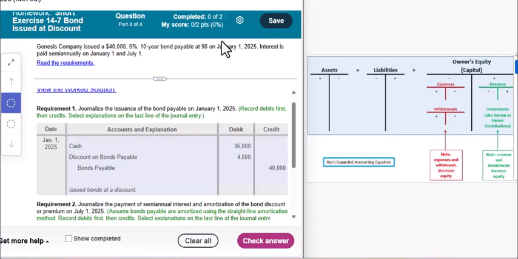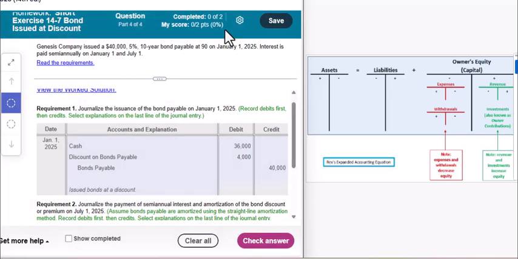So we're going to have to take this $4,000 and split it up over 10 years. And every time we record our bond interest payment, we're going to have to amortize this. So we need to amortize this $4,000. So remember, amortize just means to reduce or to spread it out over the 10 years. And then over the twice a year payment.